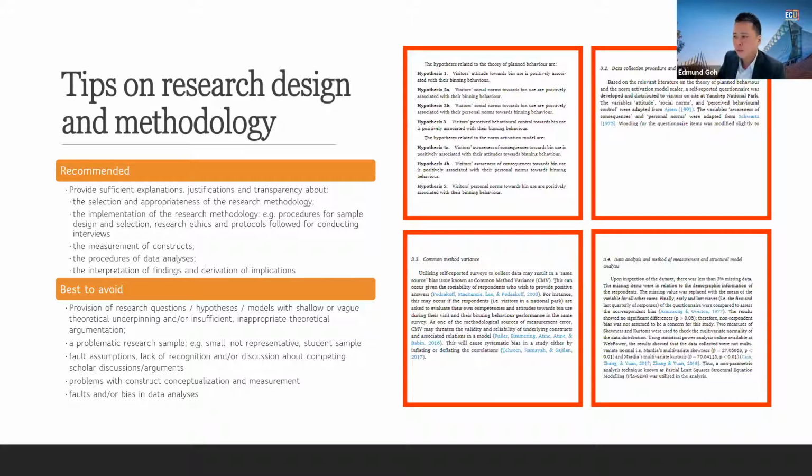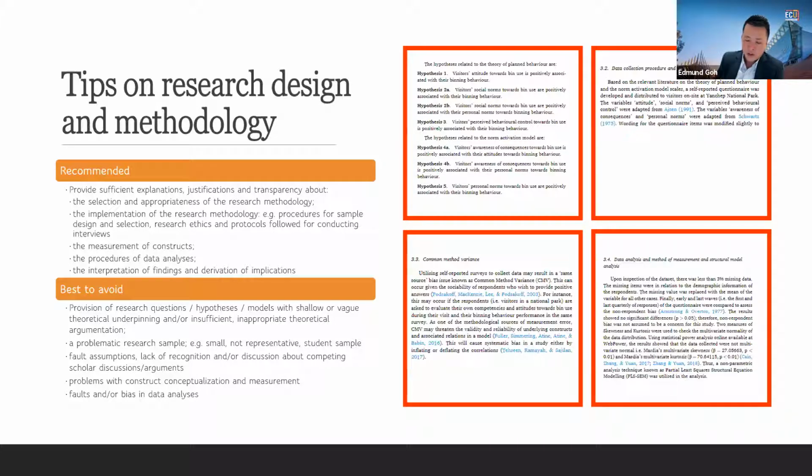Sometimes we tend to see some papers that don't even talk about research questions or hypotheses. This is quite interesting. Sometimes we actually see quantitative papers that do not even mention the hypothesis that they are testing, and then towards the end, they say, oh, all the hypotheses should be rejected.